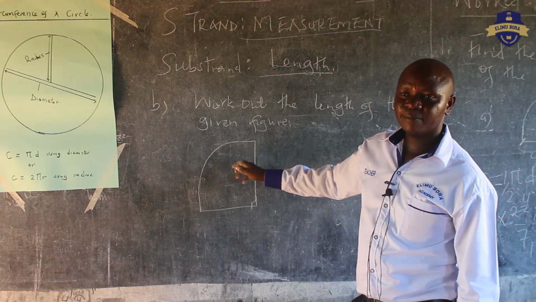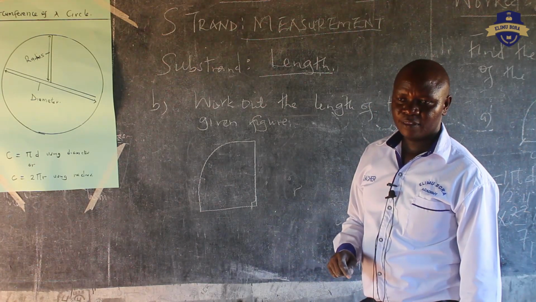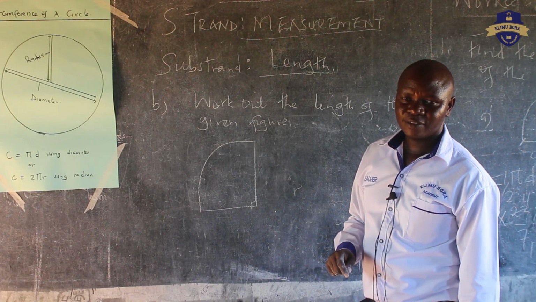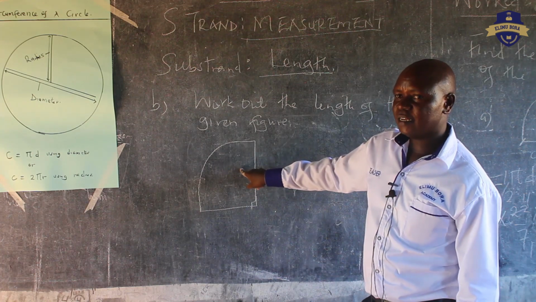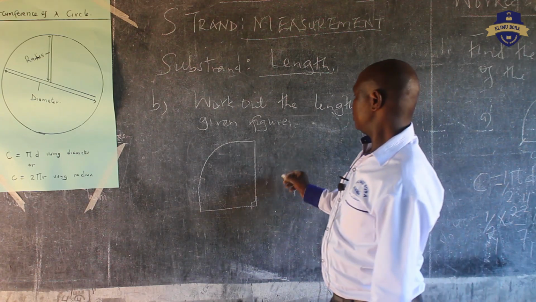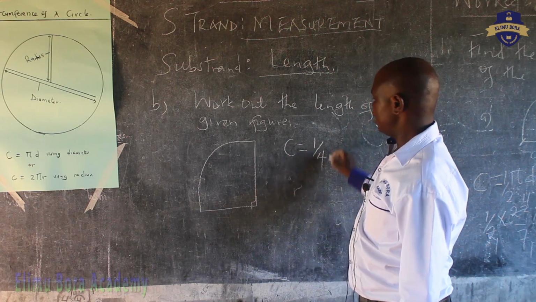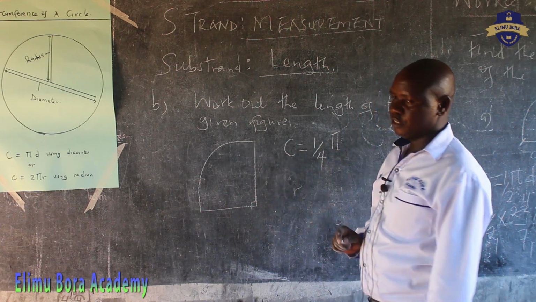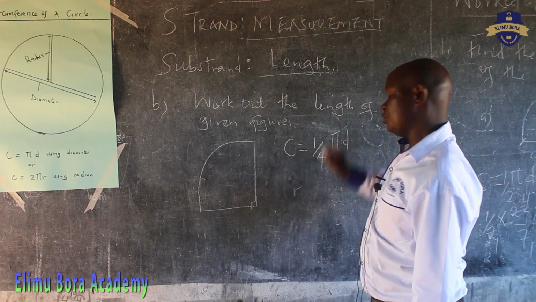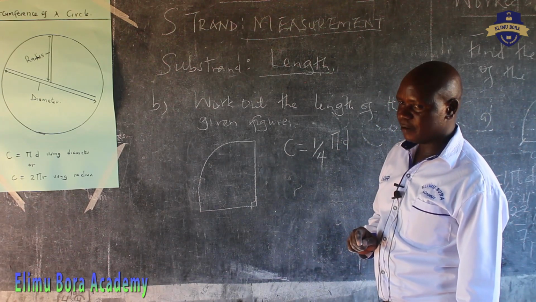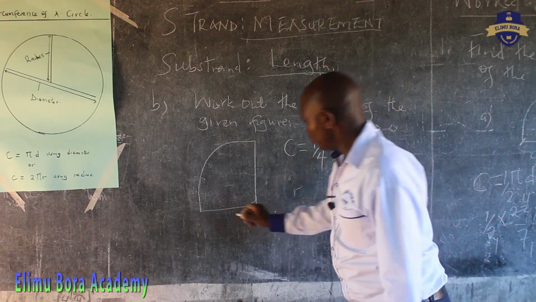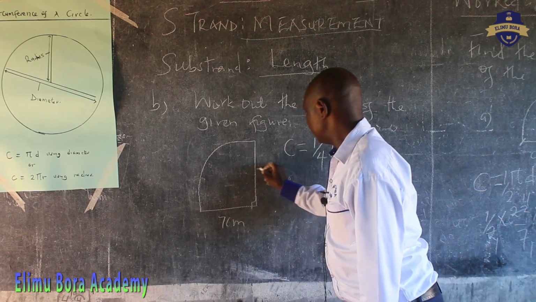This one is a quarter circle. So for us to get the circumference, it will be a quarter pi d. Are we together? And assuming that our radius here is 7.